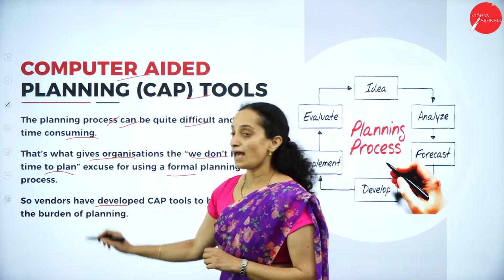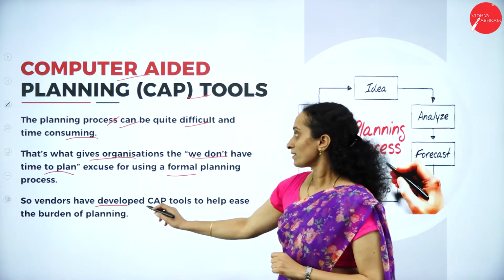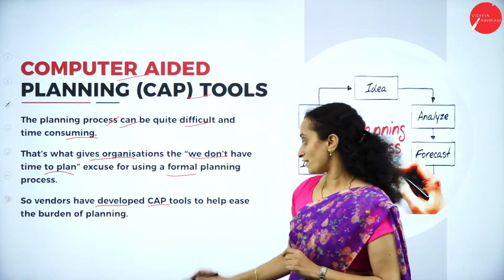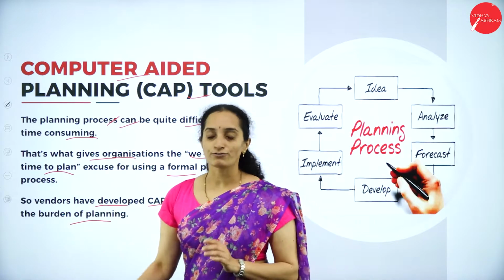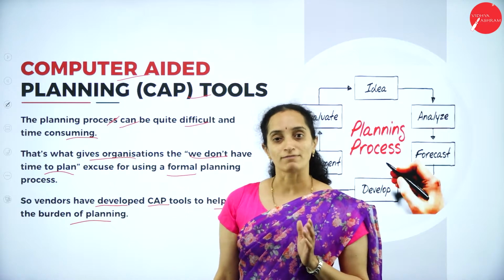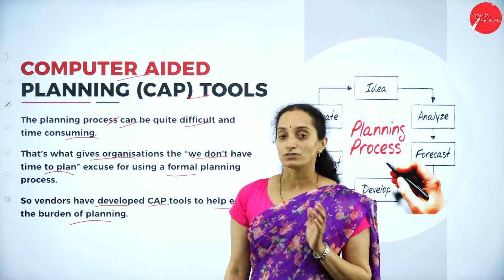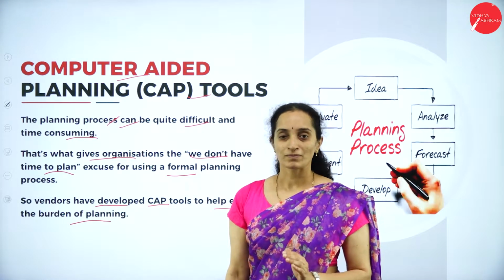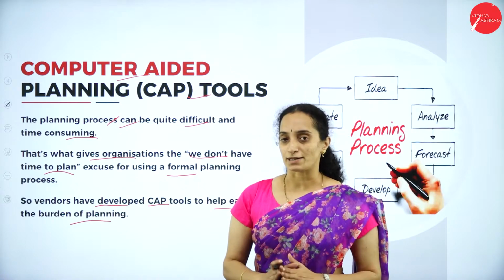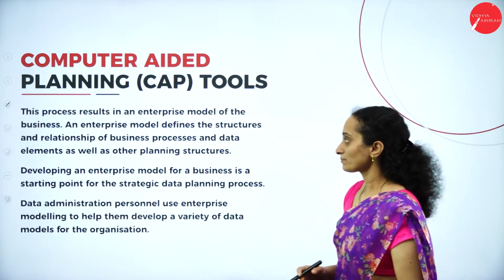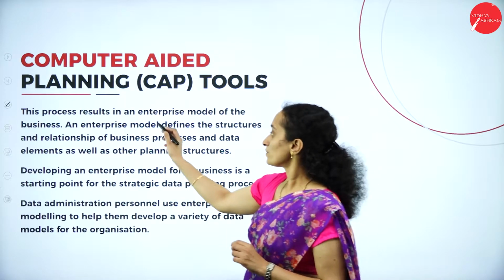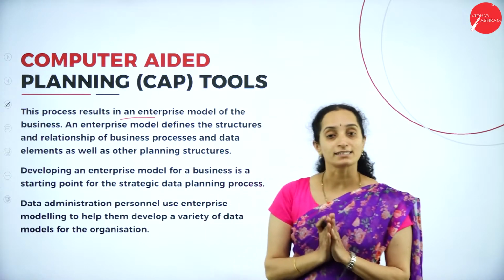So vendors have developed computer-aided planning tools to help ease the burden of planning on top level management. As you already know, planning is usually done by the top executives, right? This process results in an enterprise model.